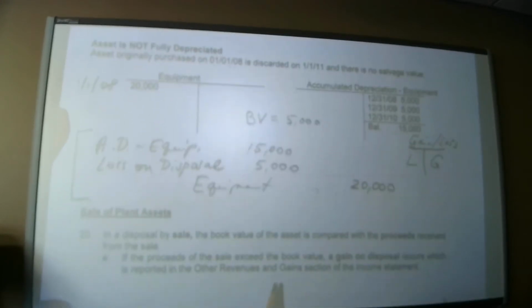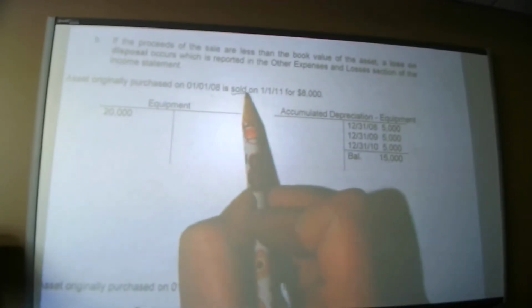Now let's look at the sale. I'm going to flip it over, and I gave you an example with this sale. Almost the same example as last time, except now it's sold, and we actually received cash proceeds, $8,000. The first step is still the same: you take off the book value.